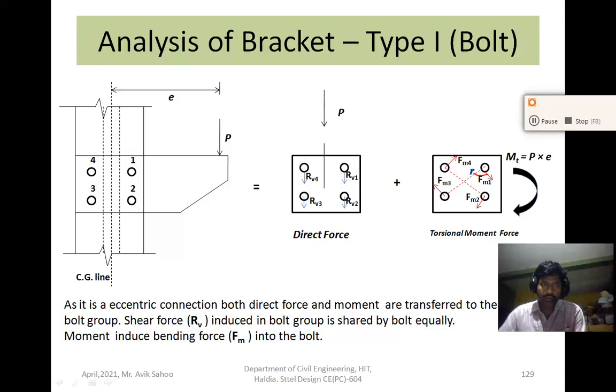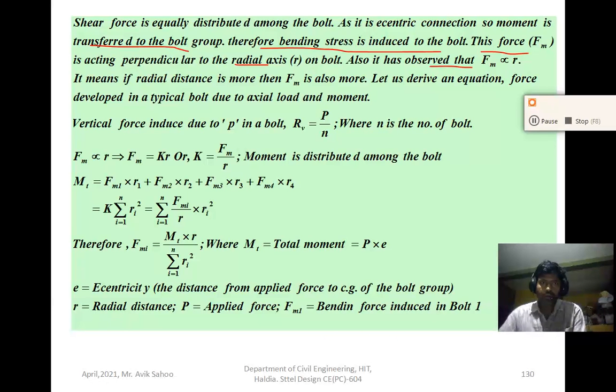So the extreme bolt, the farthest bolt, which has the maximum radial distance from the CG, experiences the maximum bending force. It means if the radial distance is more, then Fm is also more.